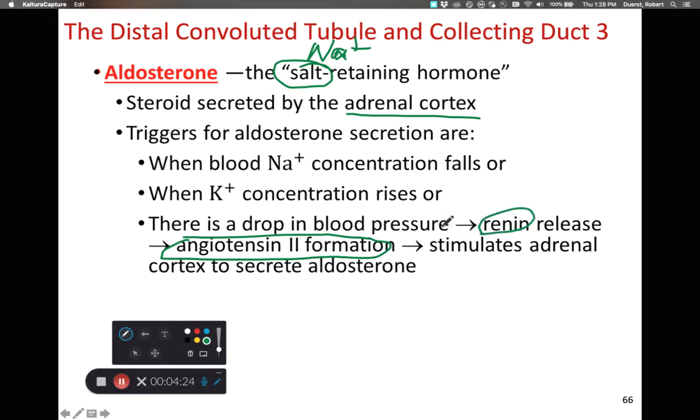Renin takes angiotensinogen and turns it into angiotensin I. Angiotensin I is converted into angiotensin II by ACE, and then angiotensin II will go to the adrenal glands and cause the adrenal cortex to secrete aldosterone. We've already covered that in a lot of detail in a different recording. But other things that are going to cause the adrenal cortex to release aldosterone include an elevated potassium concentration or a low sodium concentration.